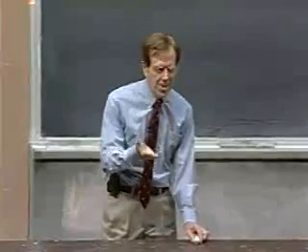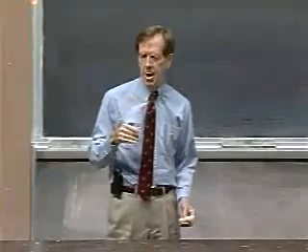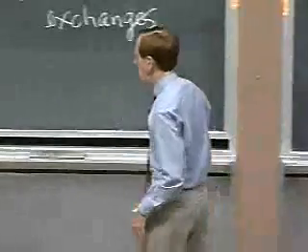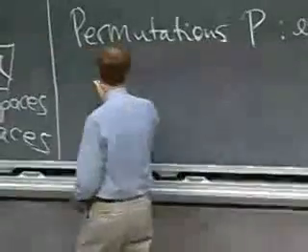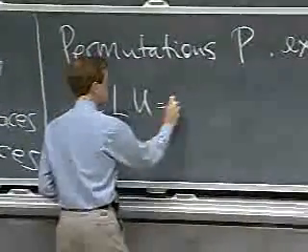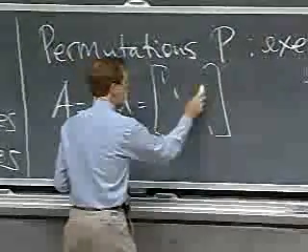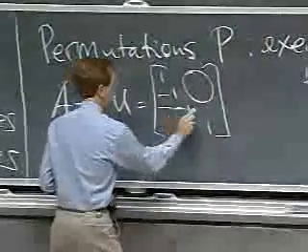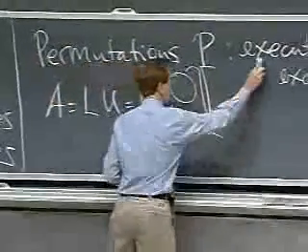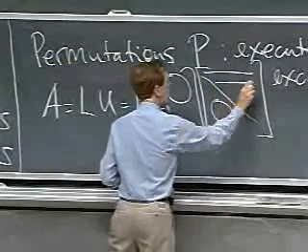Then all I want to do is say, and I won't make a big project out of this, what happens to A equal LU? So A equal LU, this was a matrix L with 1s on the diagonal and 0s above and multipliers below, and this was U, we know, with 0s down here.